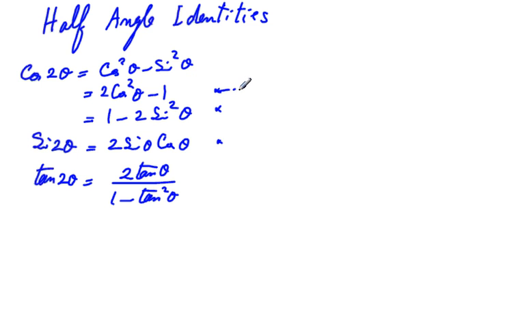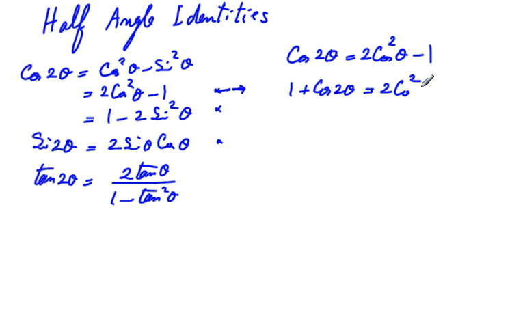Take this equation and rearrange it. So I'm taking cosine of 2 theta is equal to 2 cosine square of theta minus 1. Move the 1 to this side, so it becomes negative. Add the 1 to both sides. Divide both sides by 2.